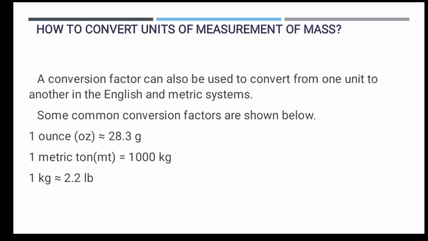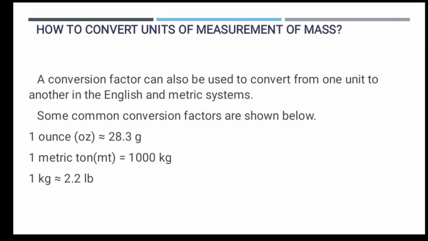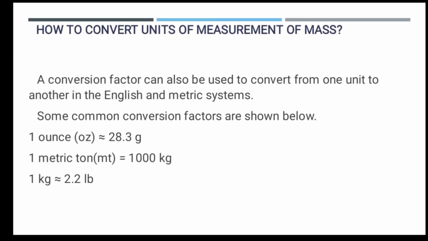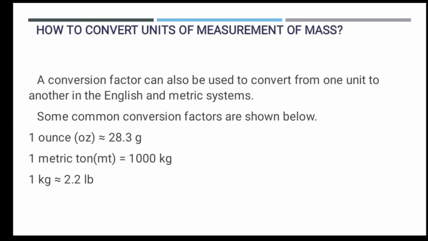Okay, so a conversion factor can also be used to convert from one unit to another in English and metric systems. These are the common conversion factors. You have to familiarize yourself with the following. Take note that 1 ounce or oz is approximately 28.3 grams.